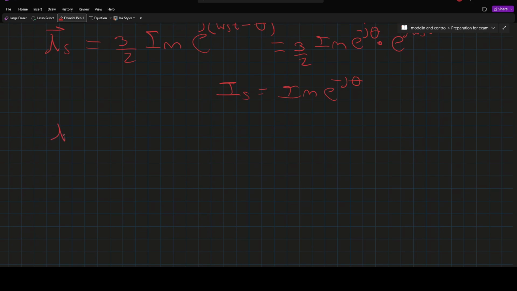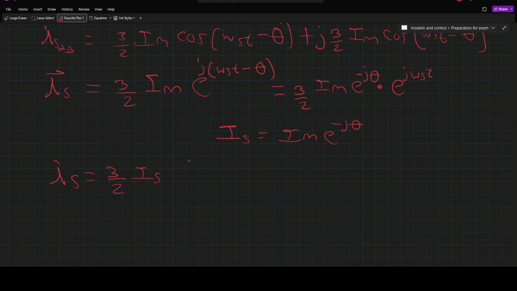So we are gonna have here that our is is gonna be equal to 3 halves capital Is multiplying e to the j omega st.